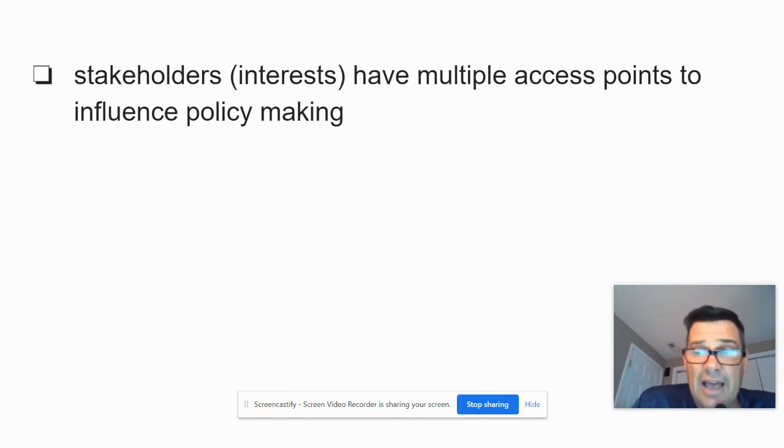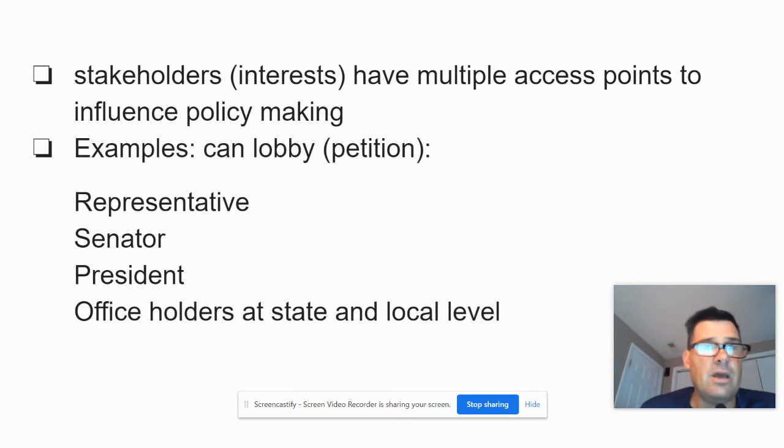So you and I could get a group together and we could go influence policy as stakeholders. We could change education policy, crime policy, some sort of policy, and we have lots of points to do that. Let me give examples. We could lobby, basically meaning petition. You go and talk to a representative or some public official. We could talk to our federal representative, our senator, at the state or federal level.